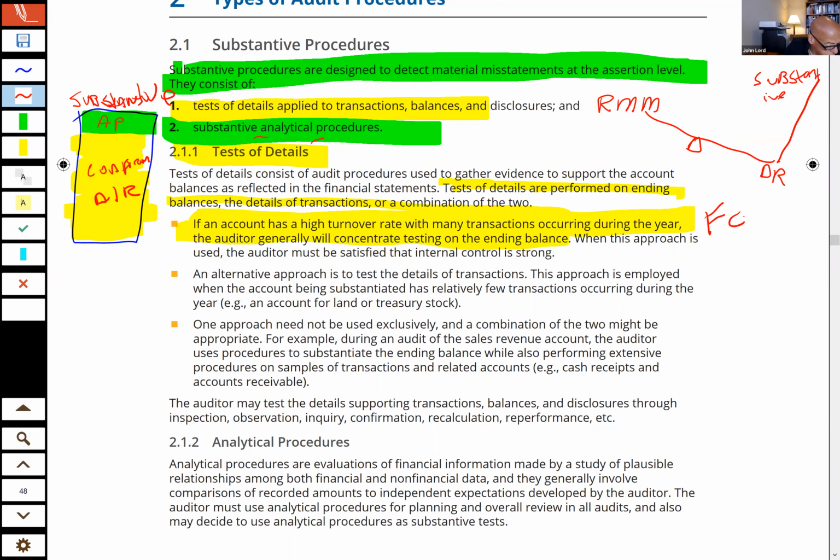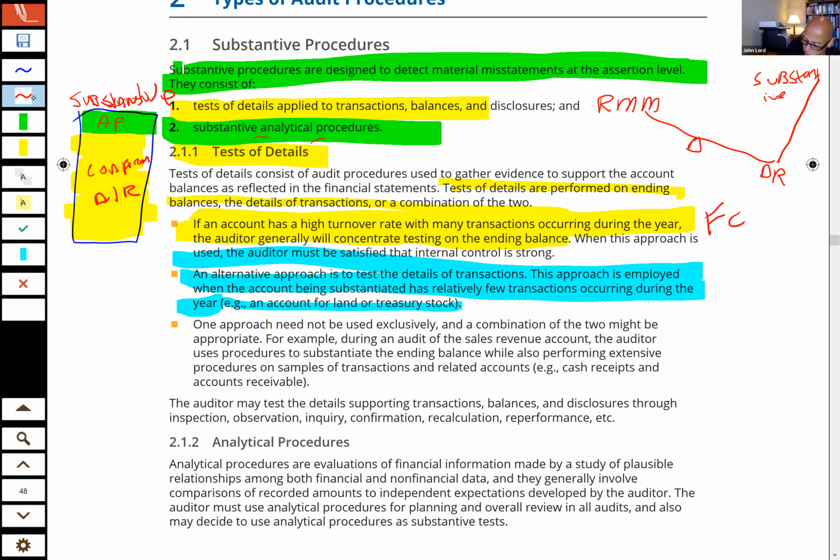The alternative there is test of details on transactions. This approach is employed when the account being substantiated has relatively few transactions occurring during the year, such as treasury stock and whatnot. Then you would go ahead and do what?